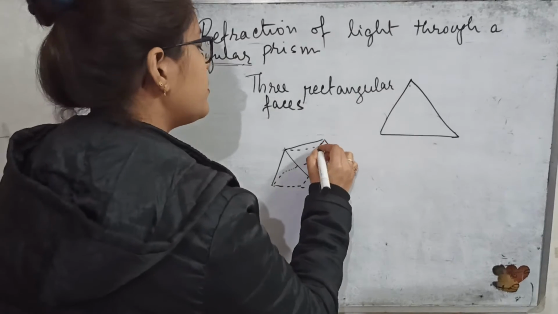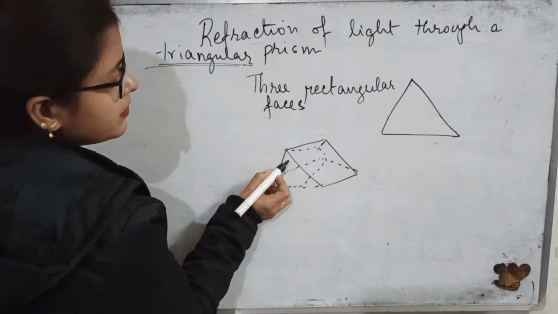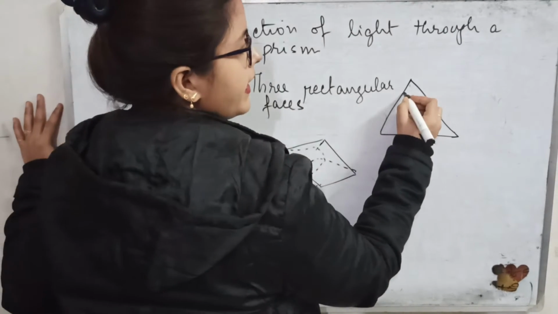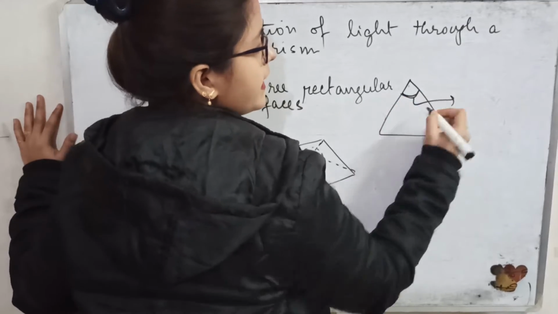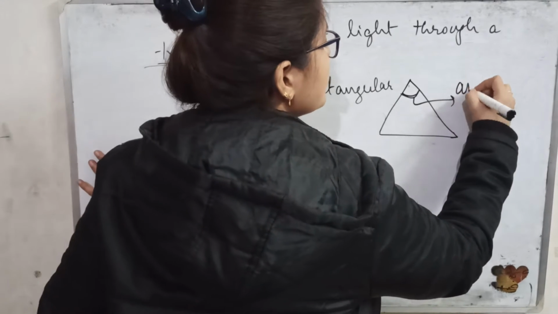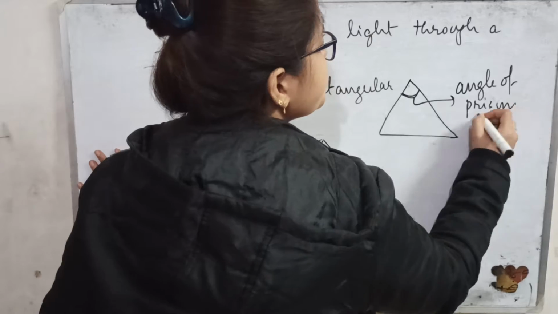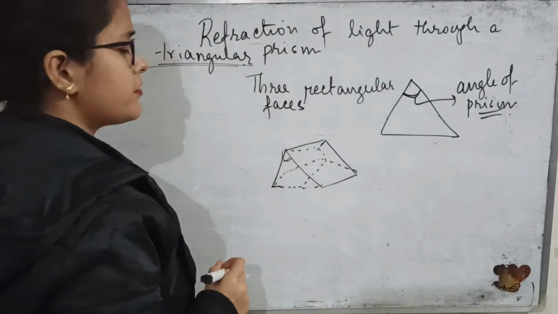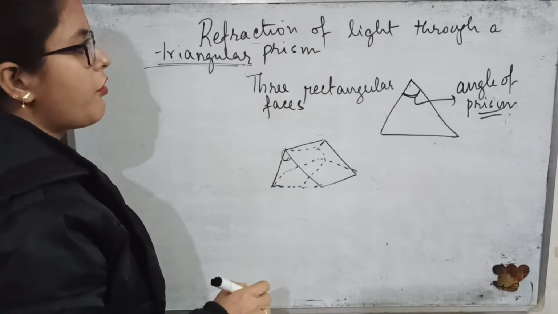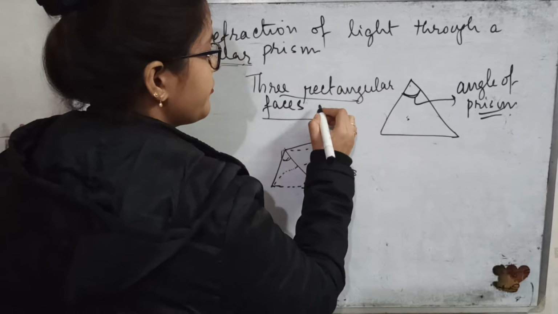And those three rectangular faces join to form two triangular faces, and the angle that the rectangular faces form when they are placed like this is called the angle of prism, right? So a triangular prism is formed of three rectangular faces and two triangular faces.